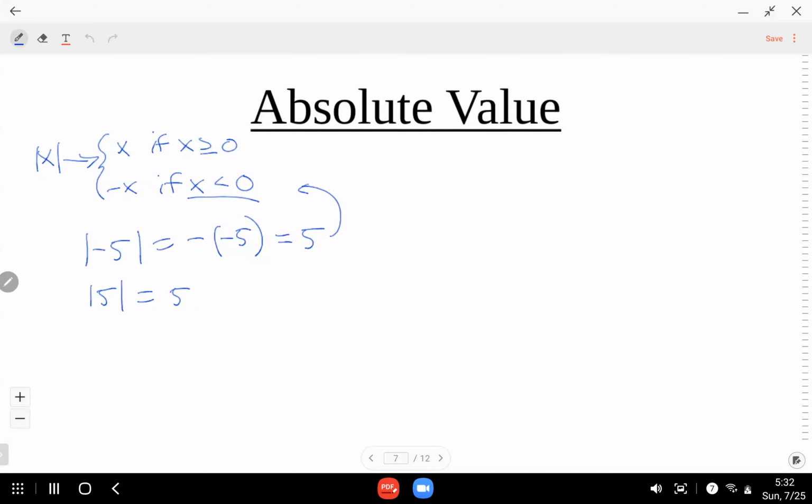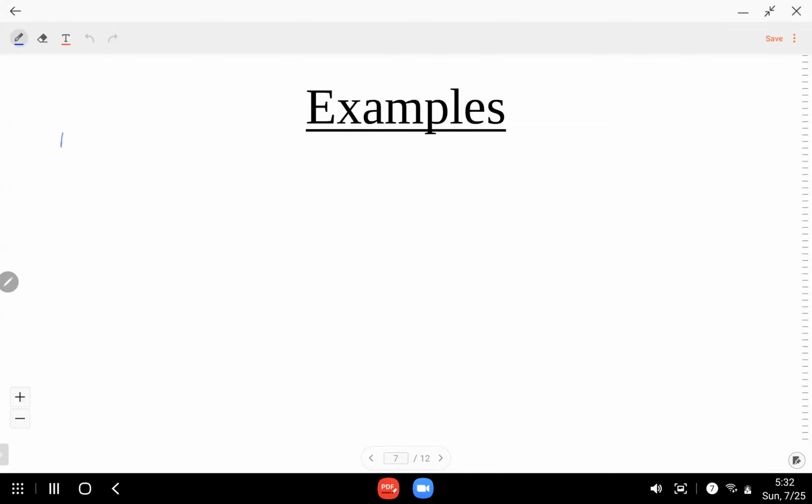So what is the absolute value of pi? Hold on, let me write it lower. This pen always does stupid stuff when it's high. Okay. Pi minus 4 absolute value. What is the absolute value of pi minus 4?